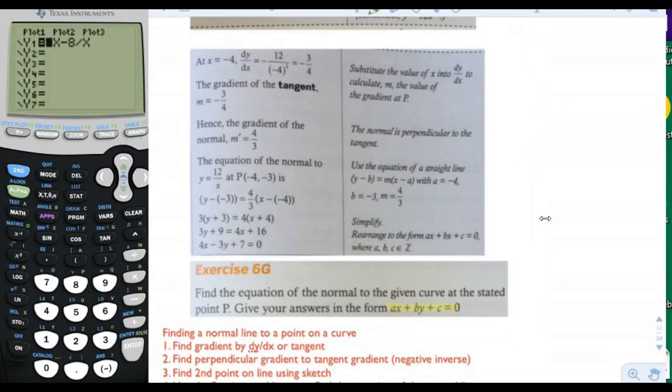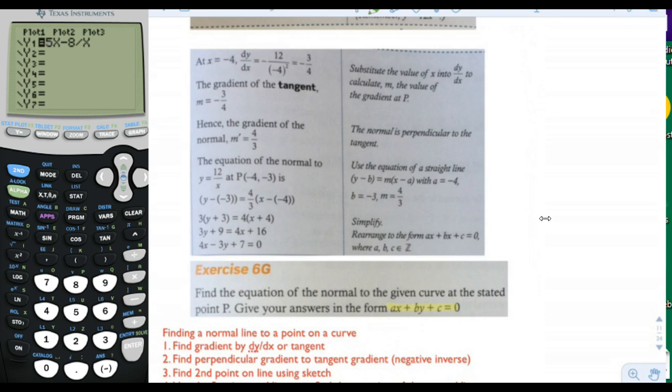We're going to use that to almost find the normal line, because the normal line does not have a gradient that is the derivative or tangent at the point, because it's exactly the opposite, right? It's perpendicular. But if we find the gradient of a tangent, then we can find the normal line just by finding the perpendicular.